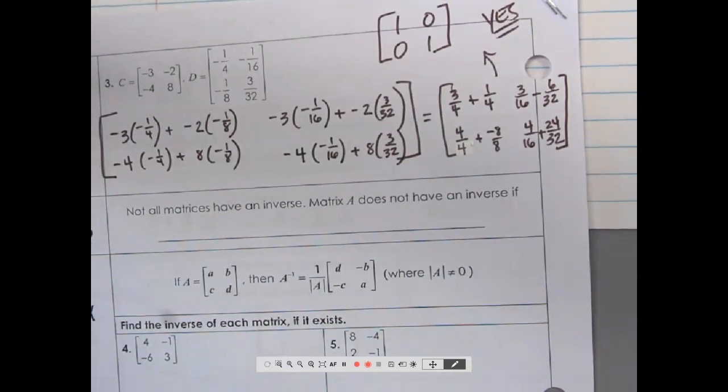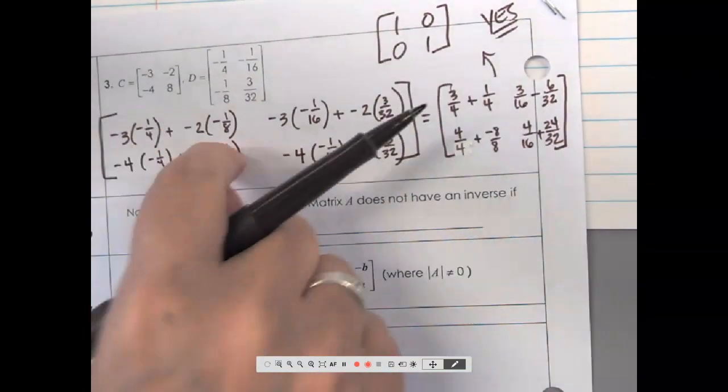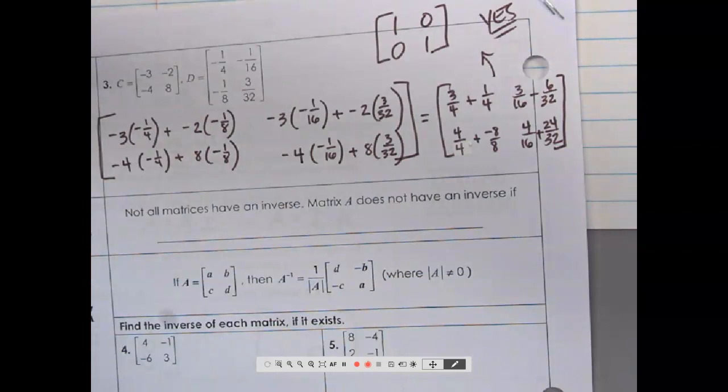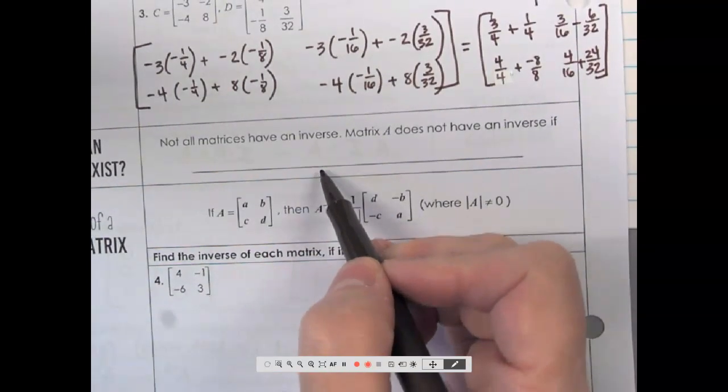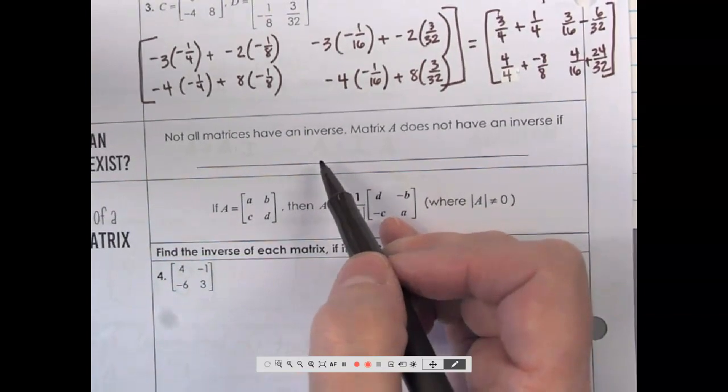So again, Wednesday, can't remember which day, we're going to use inverses to find yet another method to solve systems of equations. But for today, we're just finding the inverses. Okay, not all matrices have inverses. First of all, it has to be a square matrix.